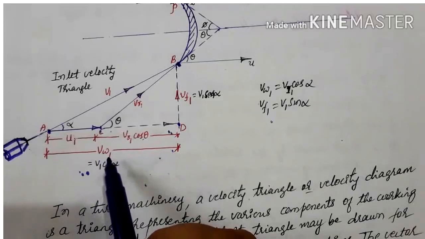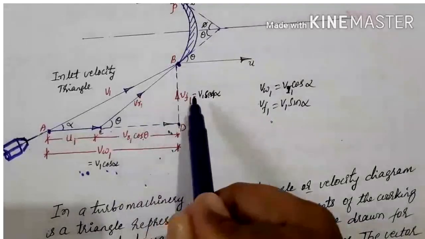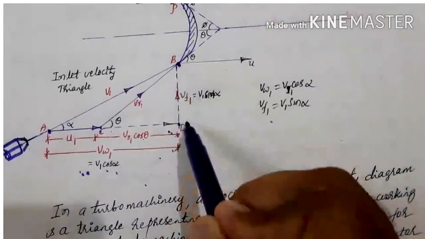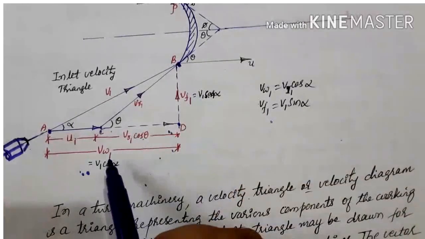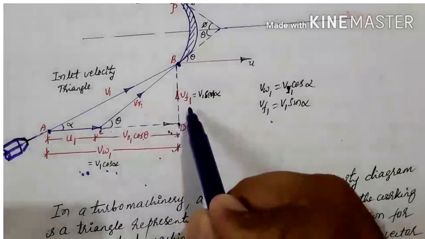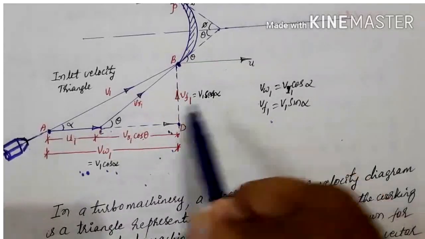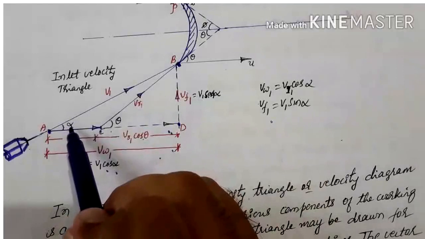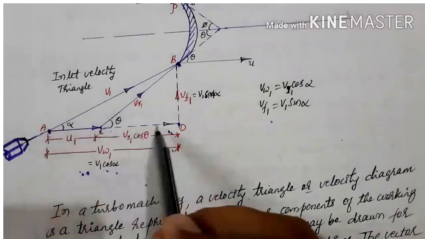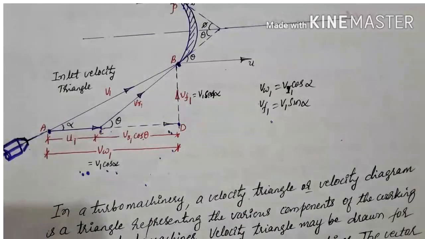Whirl is rotary motion. Then VW1 and Vf1 are the components of V1 in the horizontal direction as well as the perpendicular direction. So VW1 is V1 cos alpha and Vf1 is V1 sin alpha. This V1 has been resolved into two components, one in the perpendicular direction and one in the horizontal direction.